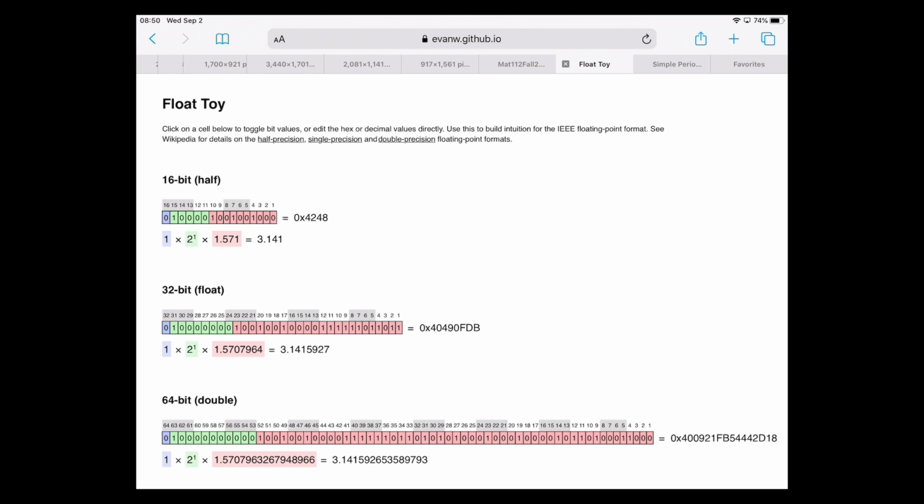Okay, there's a standard for this, and it's called IEEE 754. Okay, so in the 80s, 1984 is when the first version of this came out. Bunch of computer people got together and said, all right, we need to come up with a standardized way to represent floating point numbers on our machines that everybody will use, and then nobody will be confused. Okay, seems like a logical thing to do.